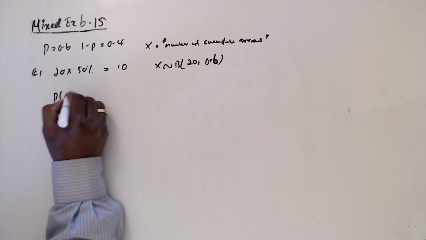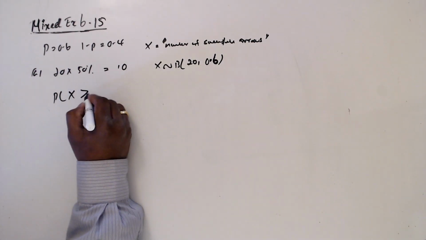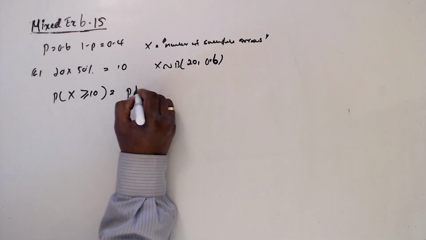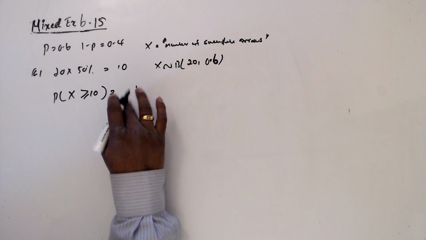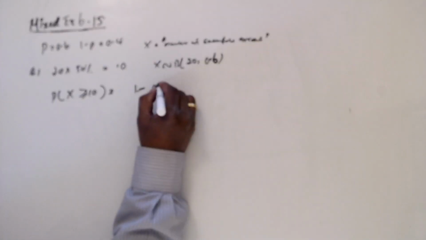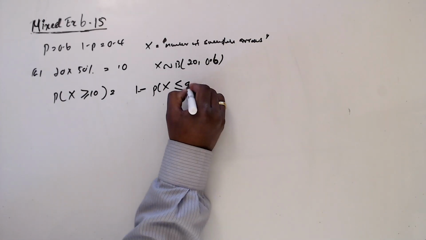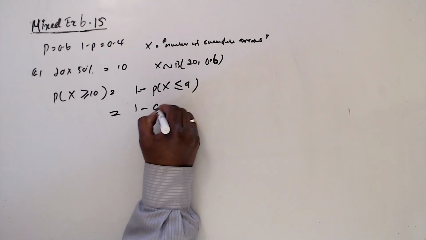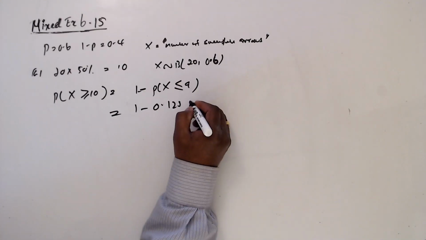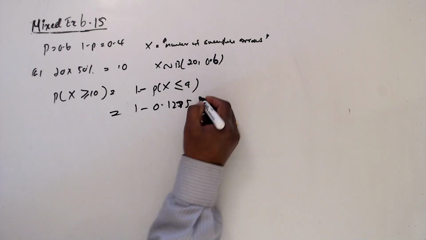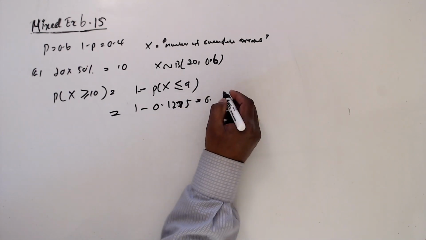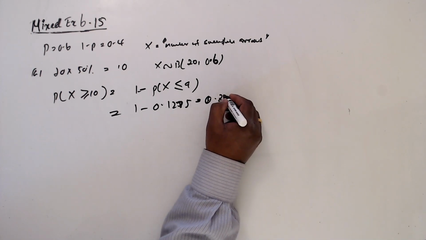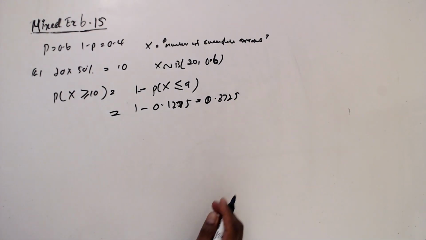Then probability of x greater than or equal to 10 is 1 minus probability of x less than or equal to 9. So from the calculator you can get this value 0.1275, which gives 0.8725.